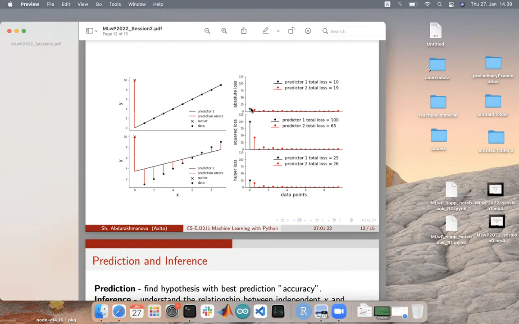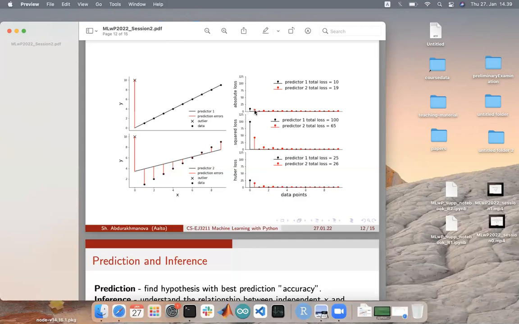So here I combined two plots together. These black dots illustrate the losses that are computed for predictor number 1. So those are the losses computed for each data point for predictor number 1.